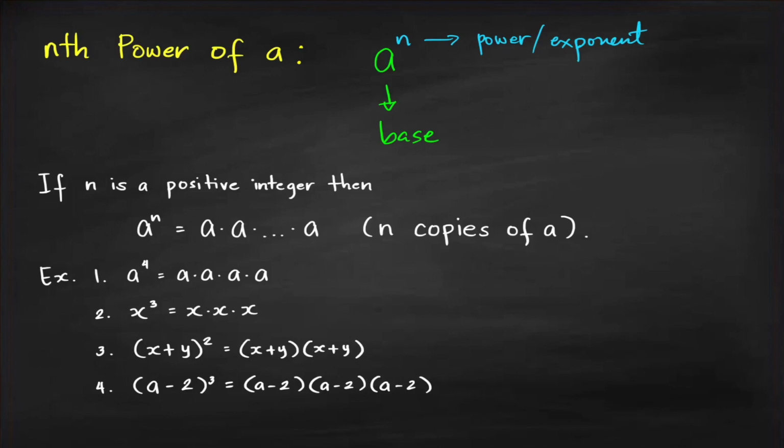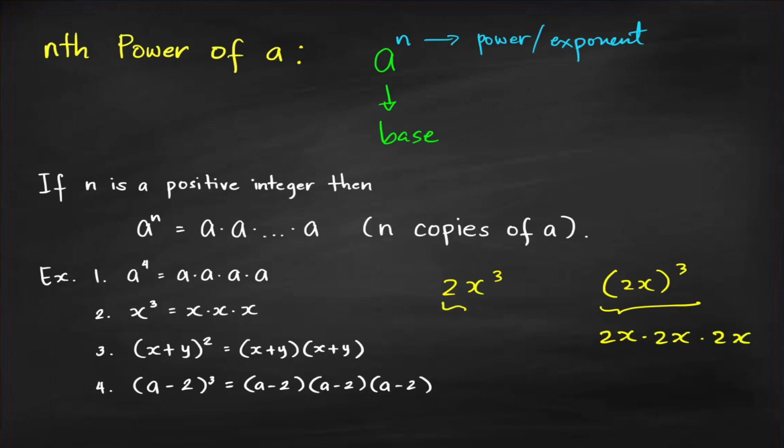Let us consider the two expressions, 2x cubed and the cube of 2x. In the cube of 2x, it is clear what the base is. The base is 2x, so this means that we need to multiply 3 copies of 2x, 2x times 2x times 2x.